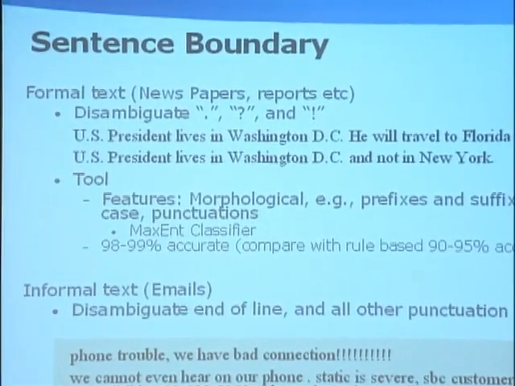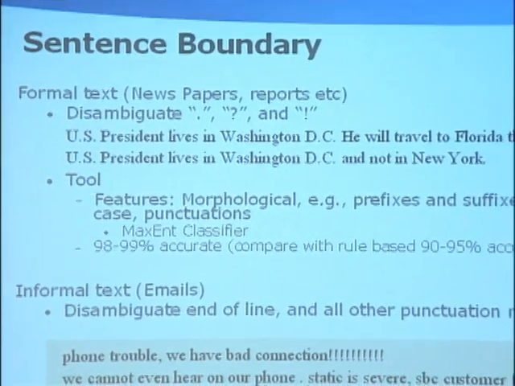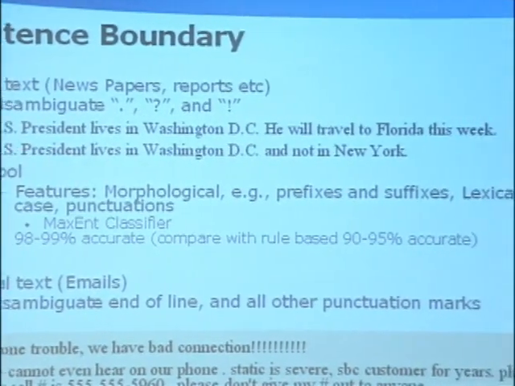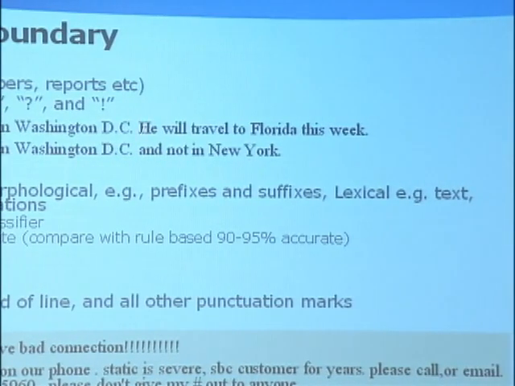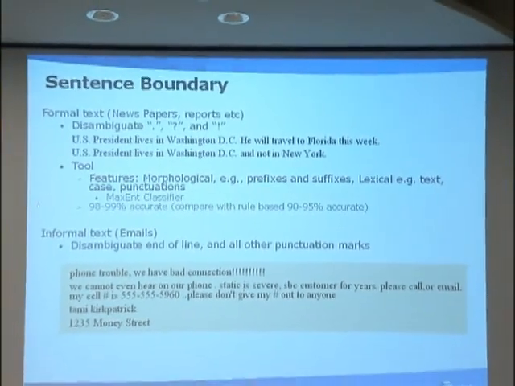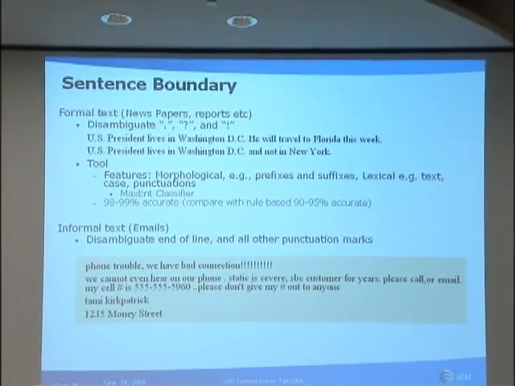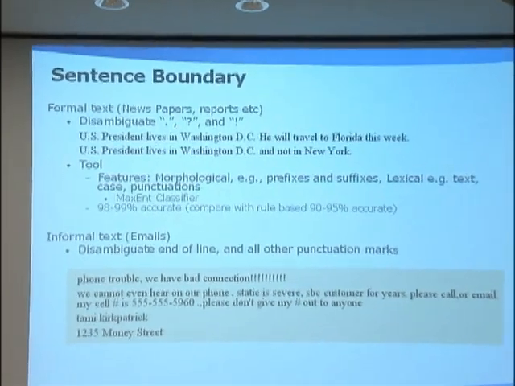Here's a sentence boundary problem we sort of saw in the beginning in the introduction. I want to annotate this sentence so that it breaks it at this point, right? So what am I going to do? I'm going to annotate each of these words saying whether it is a sentence boundary or not.